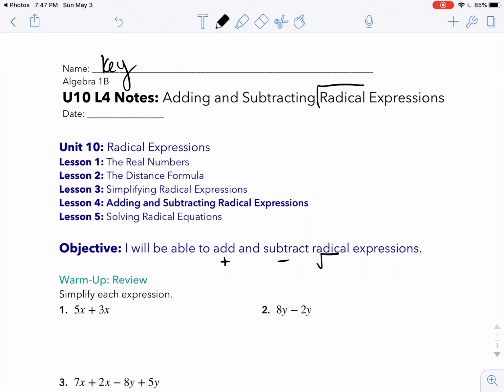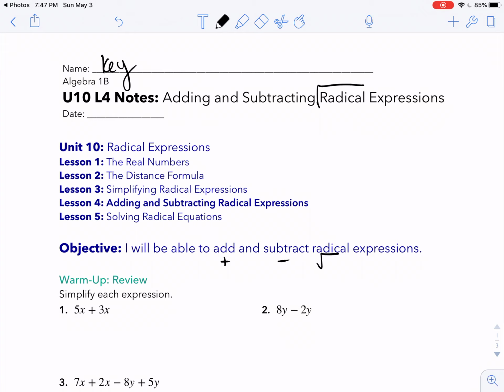So like radicals, for example, are things like 5 rad 2 and 8 rad 2. But unlike radicals would be 5 rad 2 and 8 rad 7 or something. These are not like radicals. They are unlike radicals because their radicands are different. These are like radicals because they have the same thing under the square root.